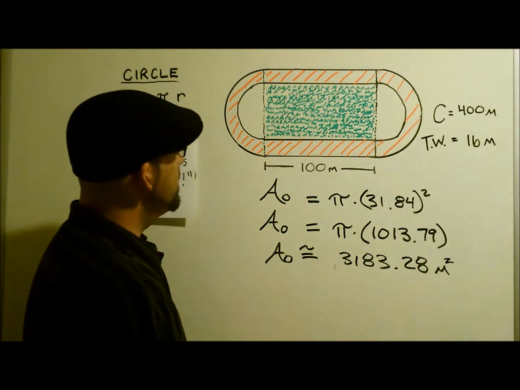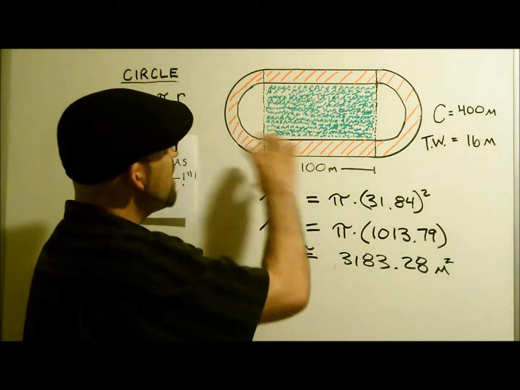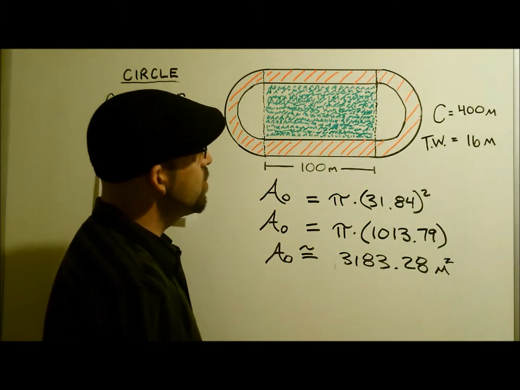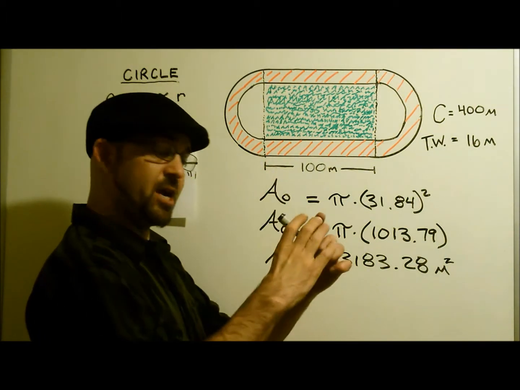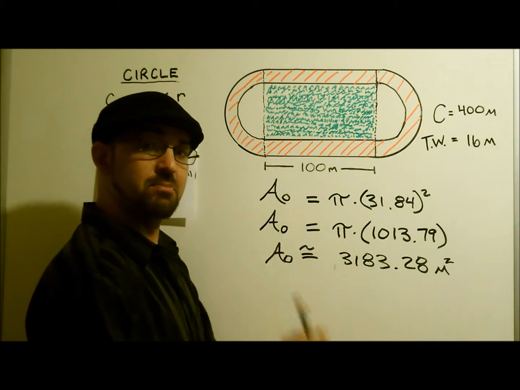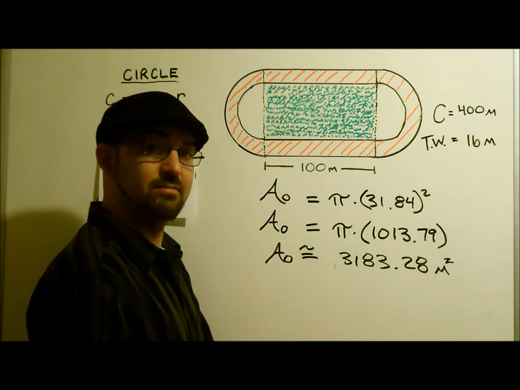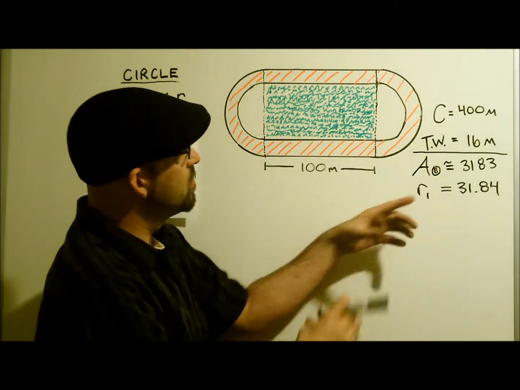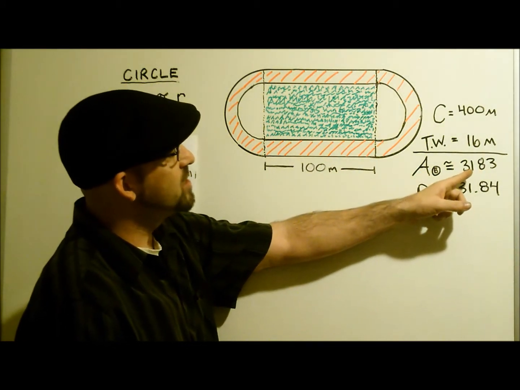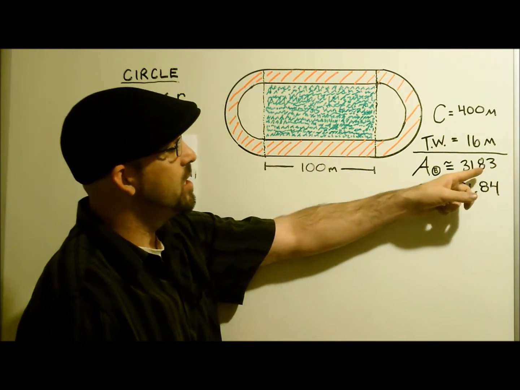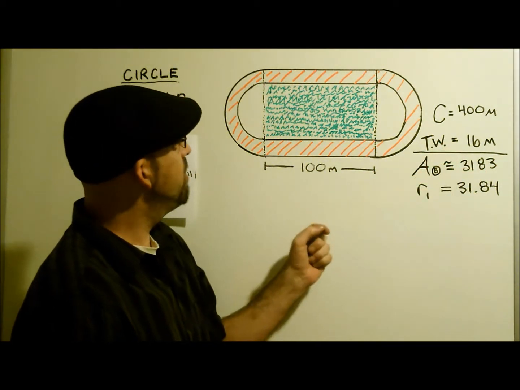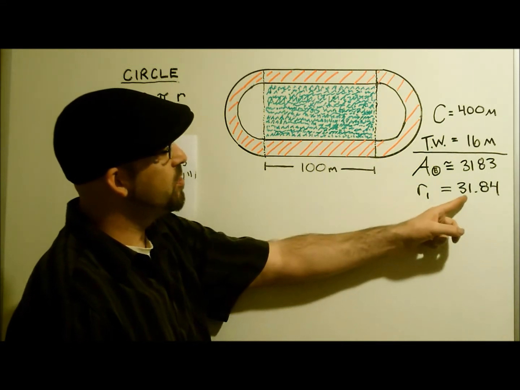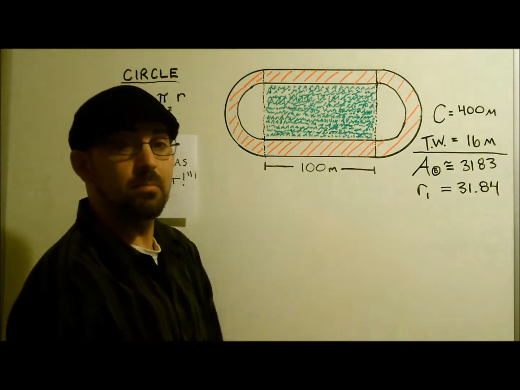But we want to find the area of not the entire circle, but just the track portion. We're going to have to take the bigger circle and subtract it from the smaller circle. Let's do that. So we found the area of the big circle to be 3,183 meters squared. We've also found the radius of that circle to be 31.84 meters.